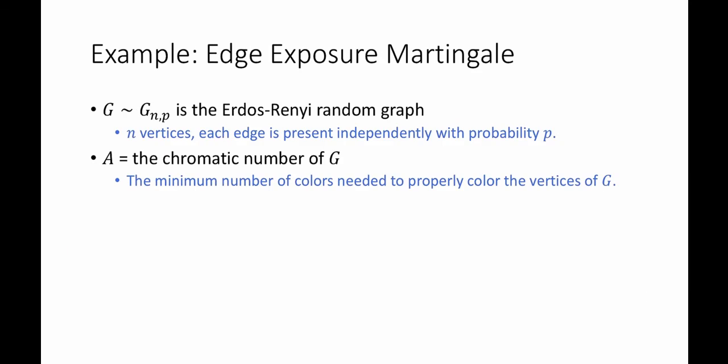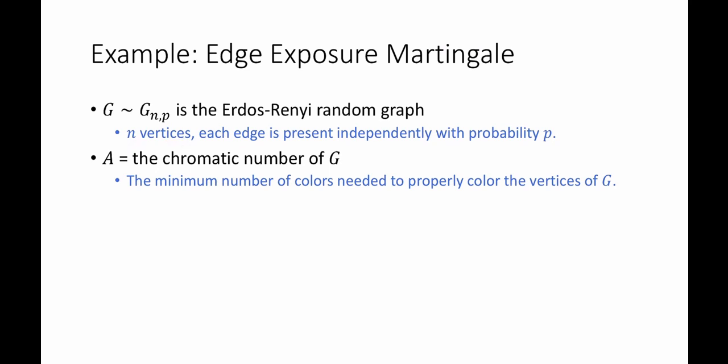As a second example, let's look at the edge exposure martingale. Here, let G be an Erdős-Rényi random graph with parameters n and p. So that is, we have n vertices, and each edge in the graph is present independently with probability p.